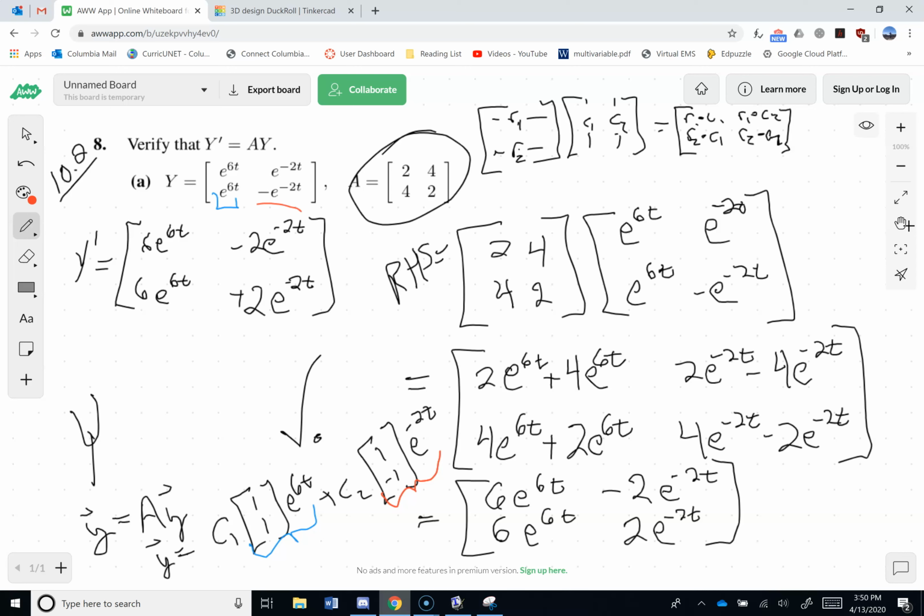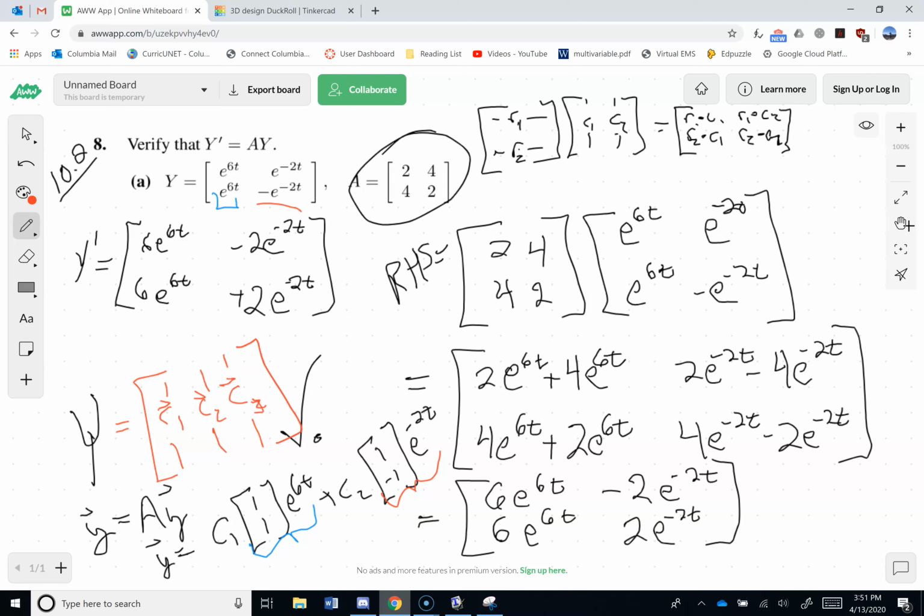Maybe. Maybe not. Have you guys thought about a matrix as a set of column vectors before? Like it's a bunch of vectors put in a box together, right?